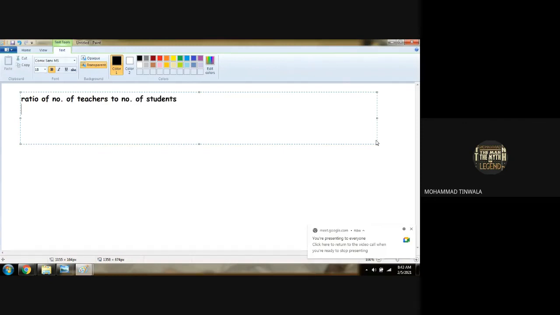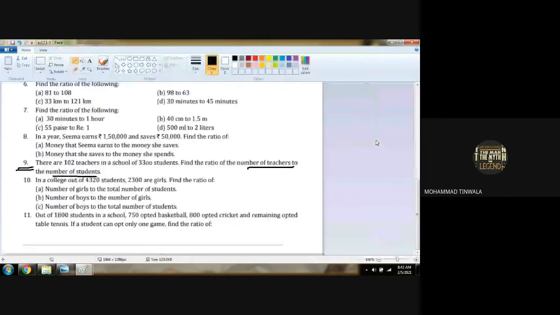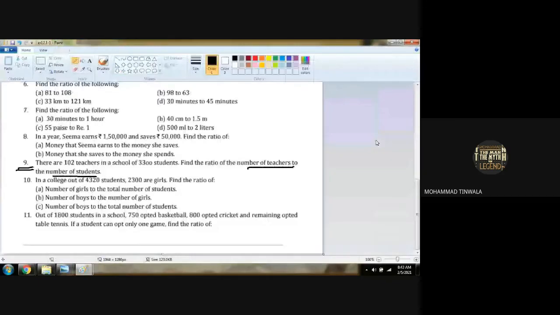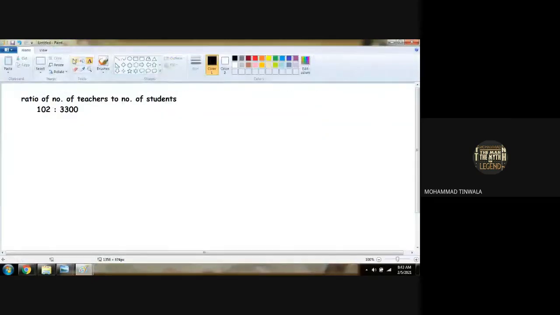Am I right? So can I say number of teachers is 102, and number of students is 3300? Can I say that 102 is to 3300?